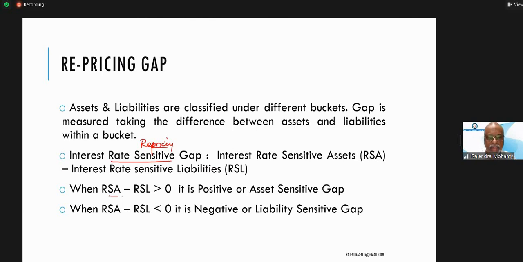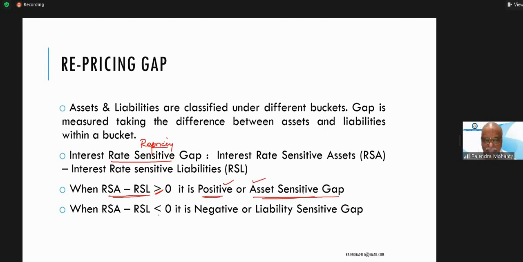Whenever RSA minus RSL is equal to or more than 0, it is positive. At that time we can say that we have an asset sensitive gap. When the repricing gap is positive, this is called a positive gap, or an asset sensitive gap.